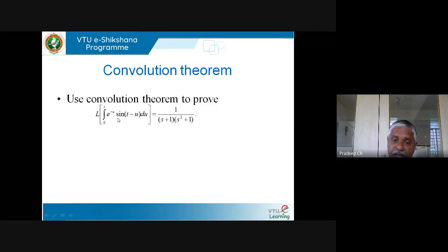That's the main thing. So I observe that I can write this as the convolution of sine t and e power minus t.